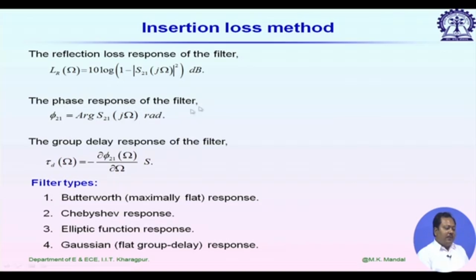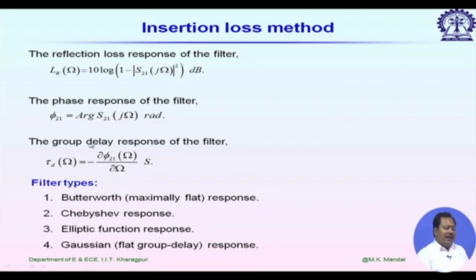The phase response of the filter, phi from port 1 to 2, is equal to the angle of S21. Again, it is a function of frequency, and the phase response is very important, particularly in wideband applications. Why?